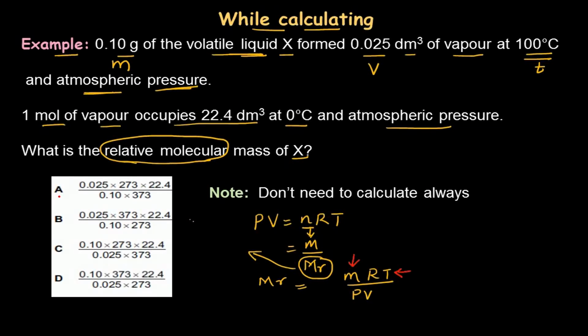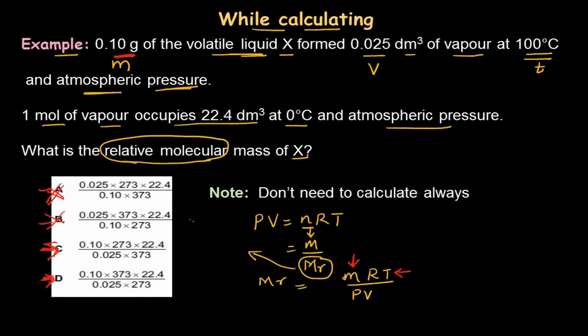Now let's have a look at the options. But before that, consider that the mass is 0.10 gram, which should be in the numerator. Now if we look at all the options, 0.10 is in the numerator in only C and D. That shows that option A and option B get eliminated. Now out of C and D, look for the next step.